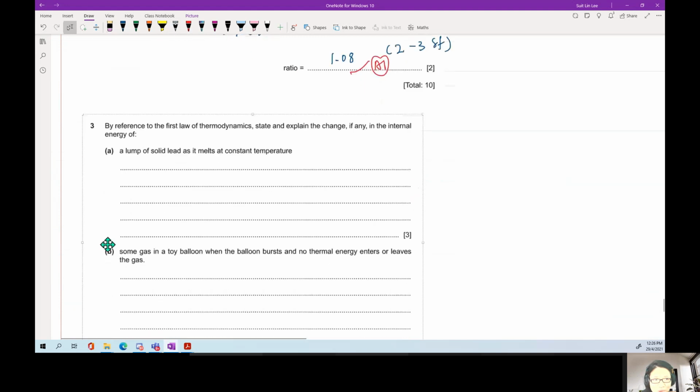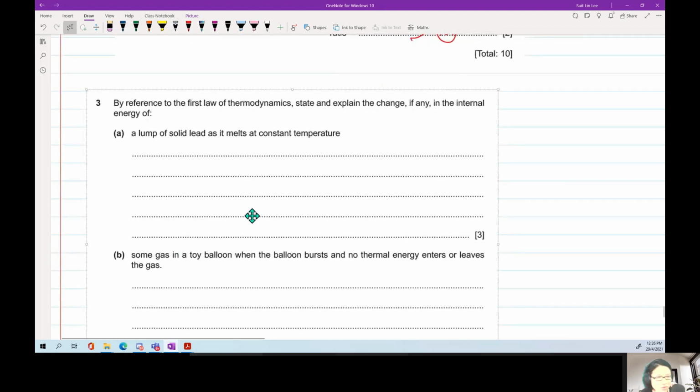So it's not like I'm asking you to explain and think of something different. So let's look at this one. This is, let me write down the year first. Summer 20 or May-June 20 paper 4.2, question 3. Asked this in your trials before.